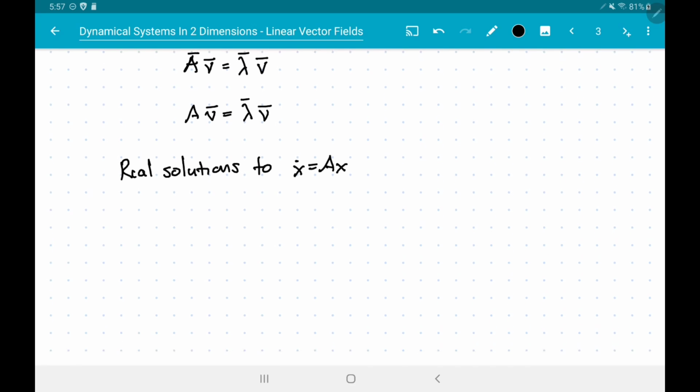Well, the solution is that you start with complex solutions, and you can construct these a couple of different ways.